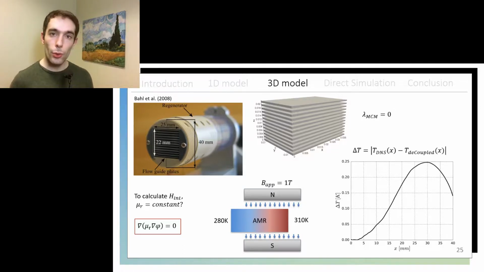I also chose to turn off the thermal conductivity of the solid phase to see the maximum difference between both solvers, DNS AMR foam and decoupled AMR foam. And well, the difference is plotted in that graph on the right, and you can see that the maximum is about 0.25 kelvins, which is less than the accuracy we expect from the magnetocaloric effect. So we can safely assume that the magnetic field would indeed be decoupled from the thermal field of the solid phase.